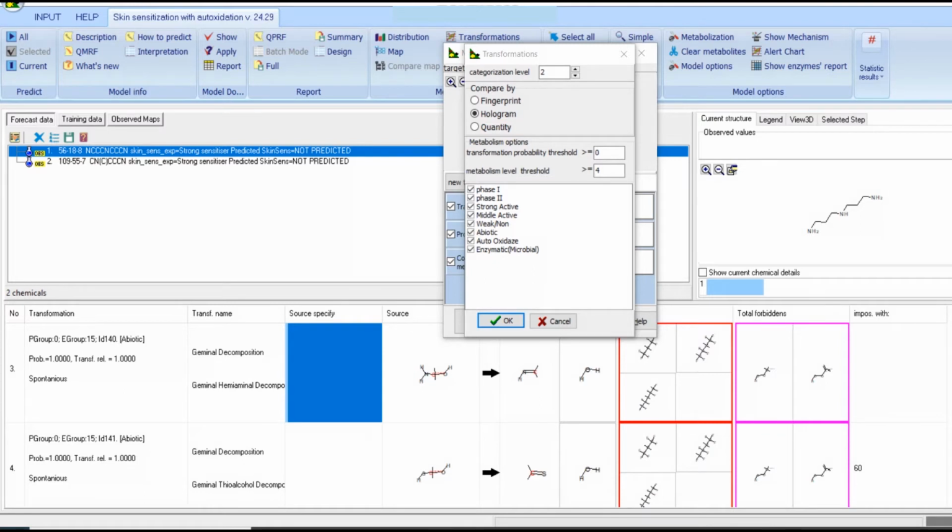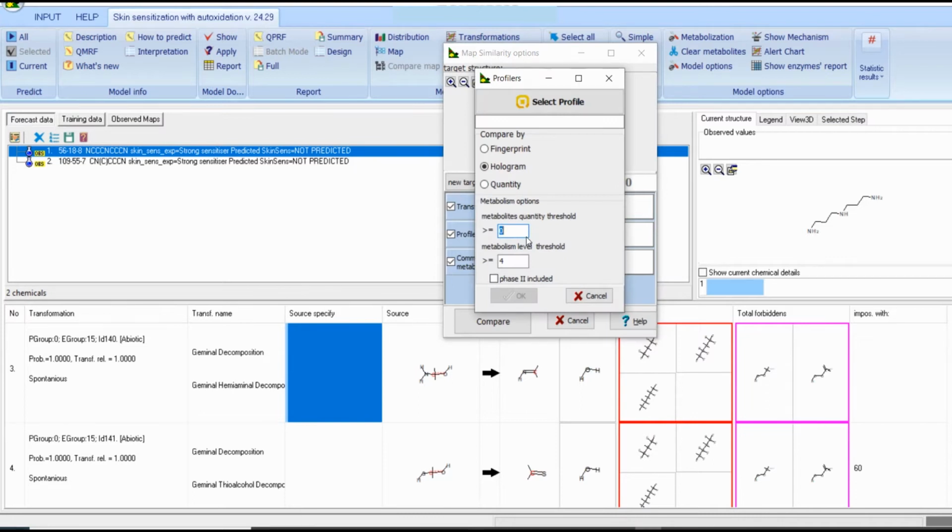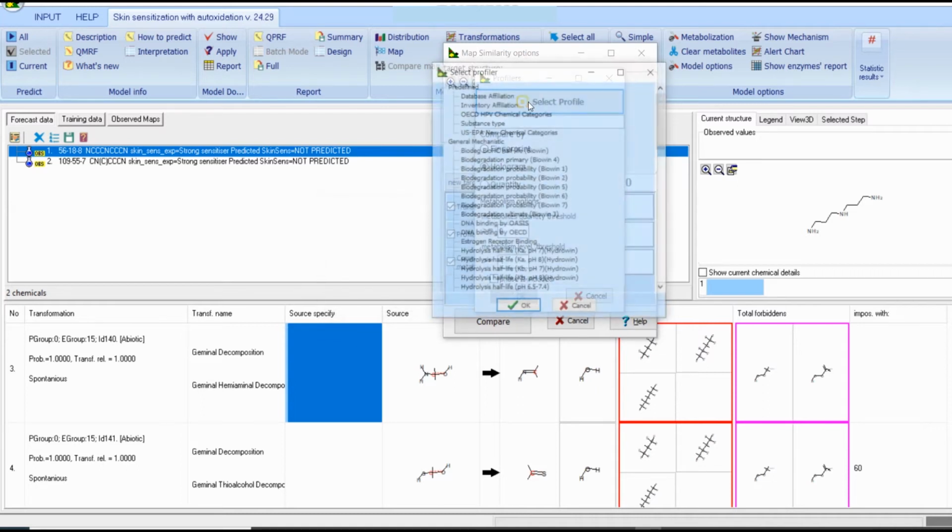So now, at first, let's compare these two amines with respect to their structural characteristics. For the purpose, we'll use the profilers available in Toolbox. Actually, TIMES is docked to Toolbox, and knowledge from Toolbox could be extracted automatically.